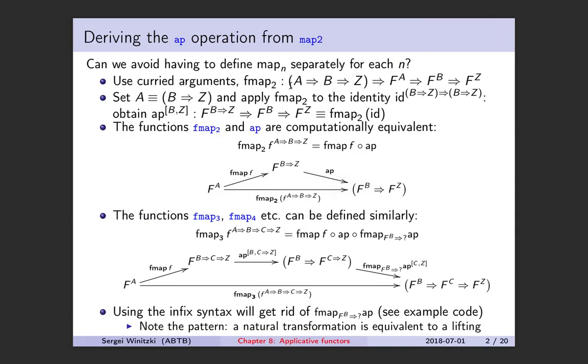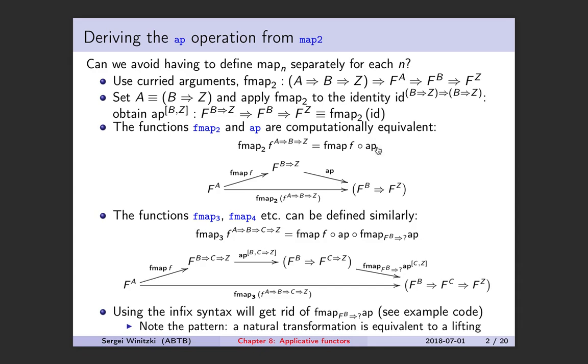So basically, what we have found is that fmap2 can be defined through app, if we have app, using this code. We just use fmapf, and then we apply app to the result.